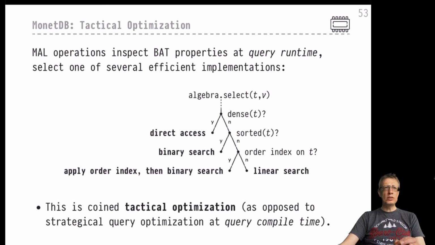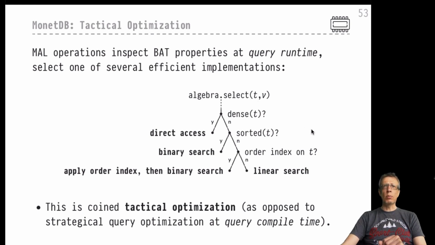Tactical optimization is the counterpart to optimization of a query at query compile time. There, we compile the query, optimize it now, have all the decisions made and set in stone, and then start to execute the query. It's different here. This is very late optimization that can react to properties of the BAT T that have been found to be true when T was constructed, assembled, or assigned. All right, so very nice.